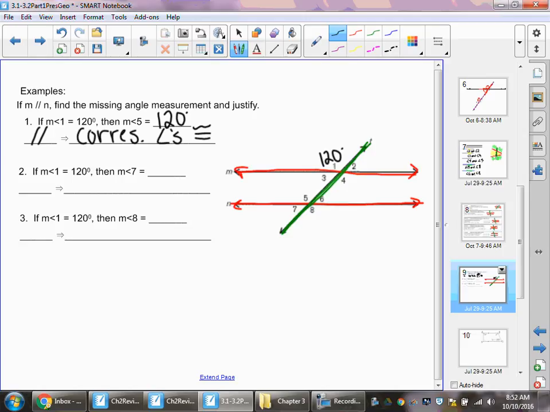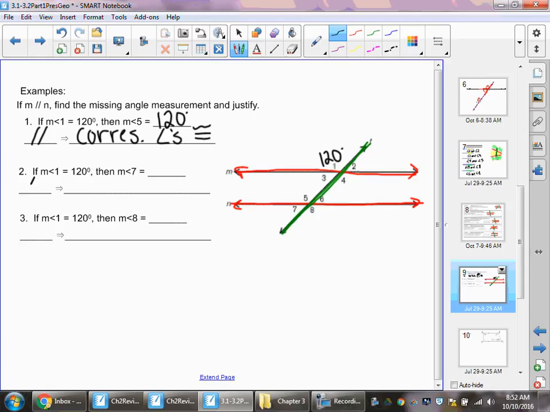Next, I need to find the measure of angle 7. Okay? So I need to see how 7 and 1 relate to each other. Notice they are both on the same side of the transversal, and they're both on the exterior. So angle 1 and 7 are same side exterior angles.